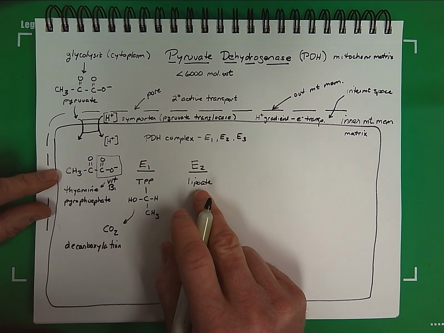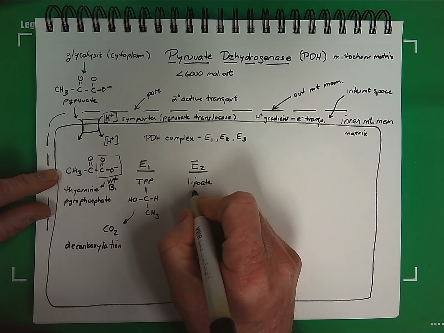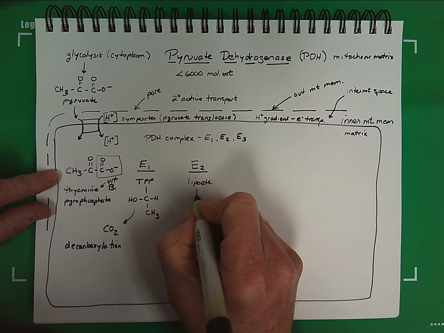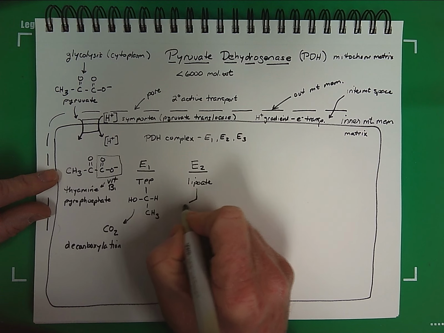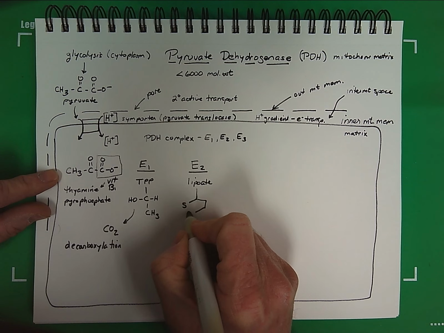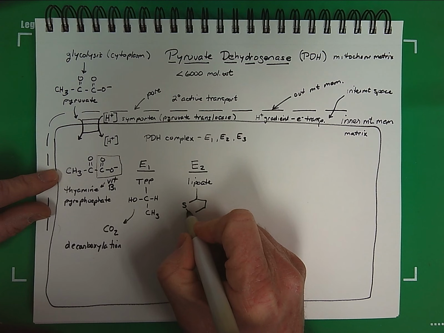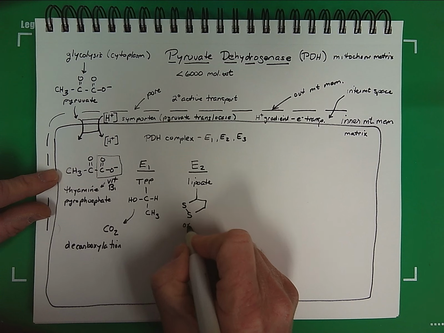And lipoate is a rather short chain hydrocarbon molecule. It has fatty acid structure to it, but most important of this is that we have 2 sulfur groups. And these sulfur groups are in the oxidized state.